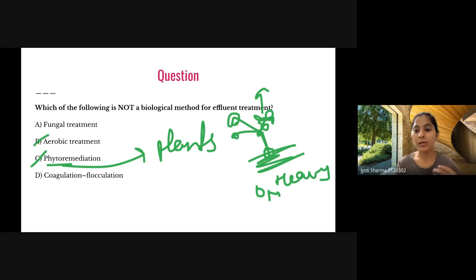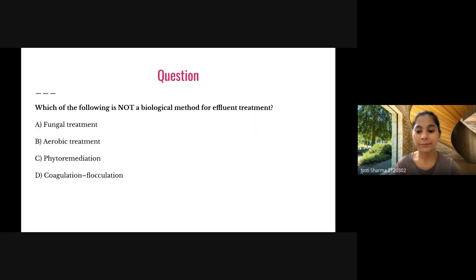In aerobic treatment, we are using aerobic microorganisms, aerobic bacteria. In fungal treatment, we are using some fungus also. For example, in soil treatment also we can use some fungus. So this will come under the biological method, but coagulation and flocculation is the physiochemical method that we have already discussed.